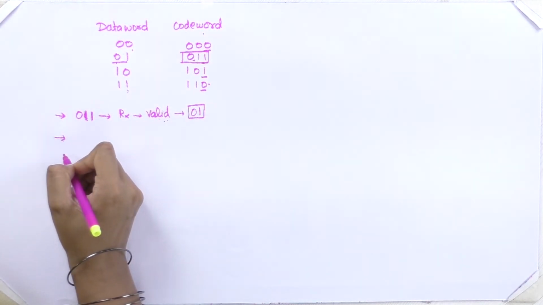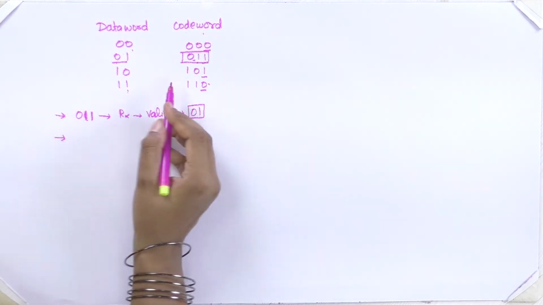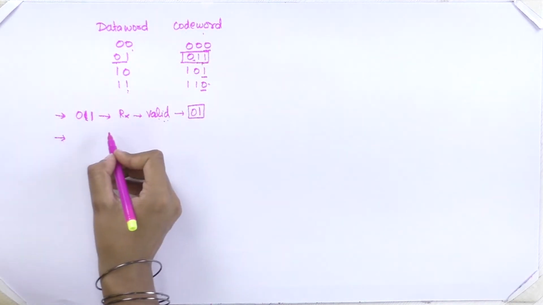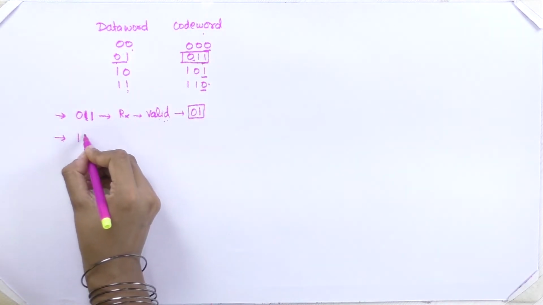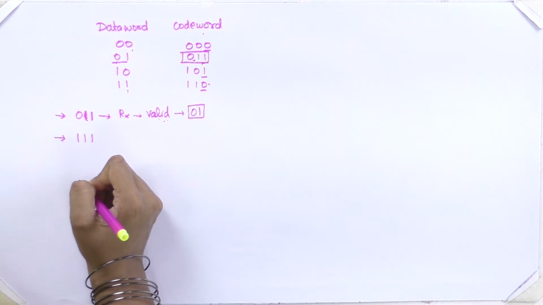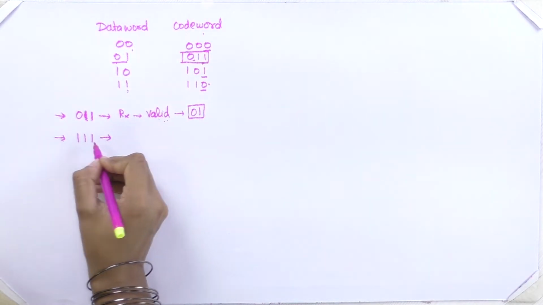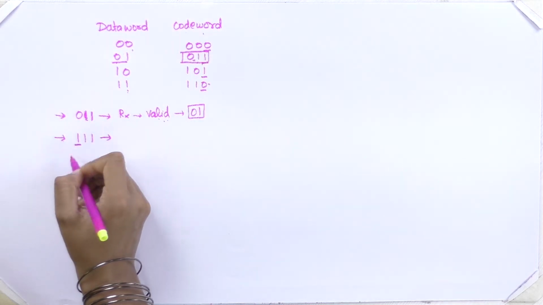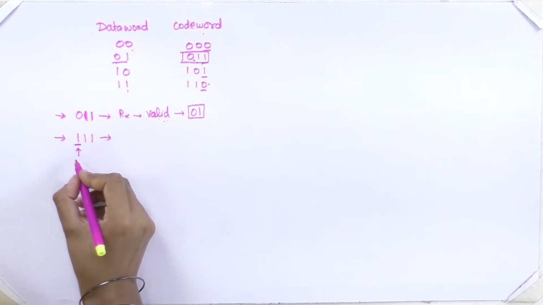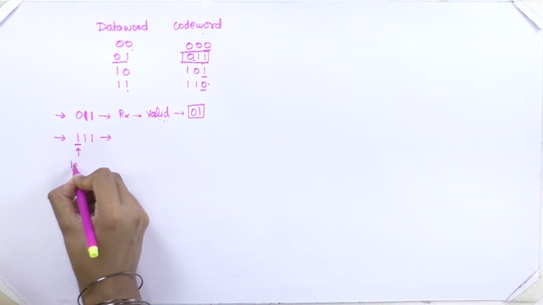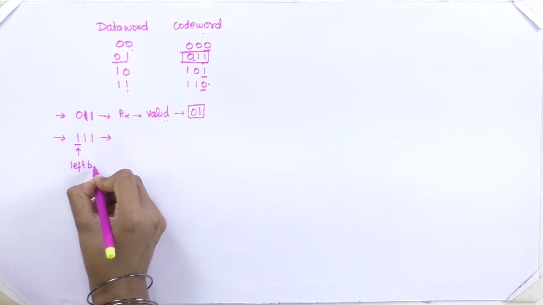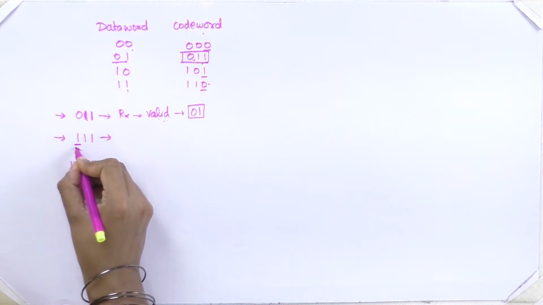Next one: on sending this code word, on the receiver side, he receives the data like this. So this single bit has got corrupted, which means your leftmost bit got corrupted.